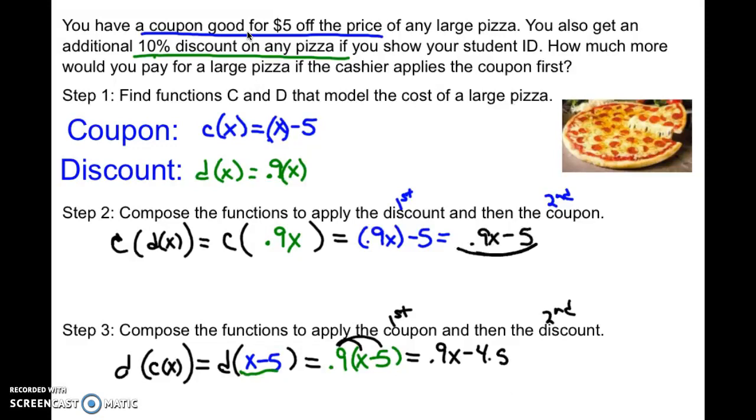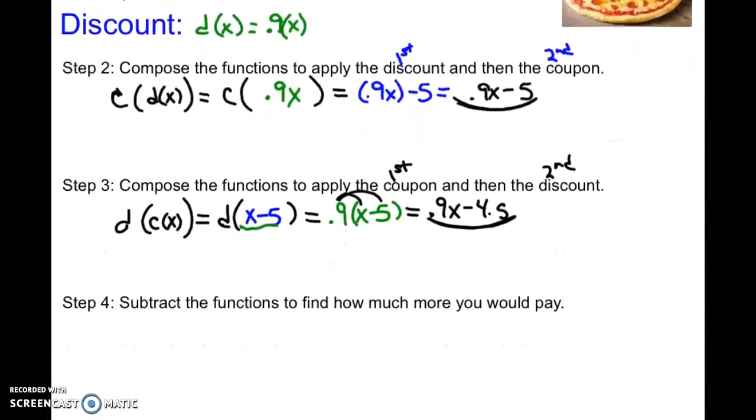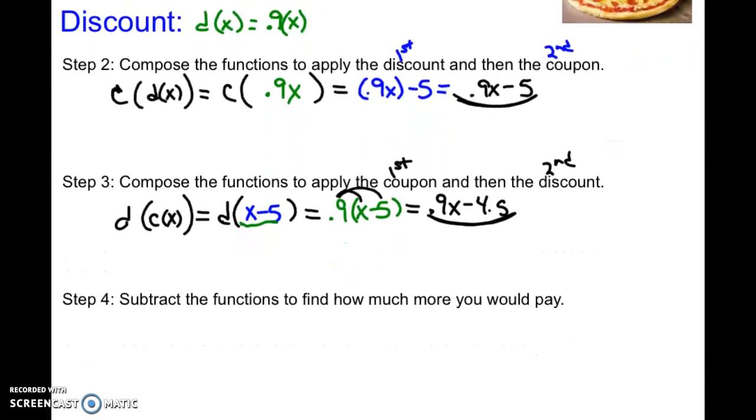So these are really kind of similar equations, but they're a little bit different. Let's go down to step 4. Step 4 says subtract the functions to find out how much more you'd pay. So we want coupon first, so that's our D of C of X, minus the discount first.